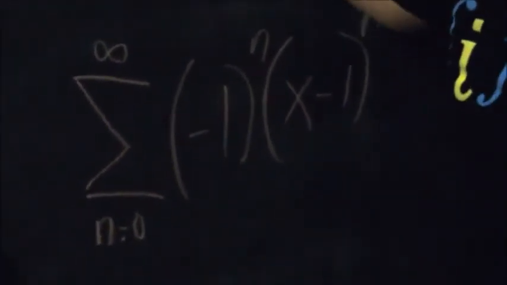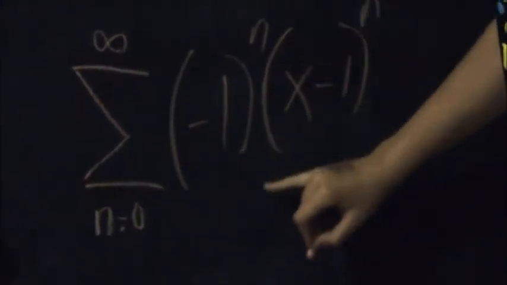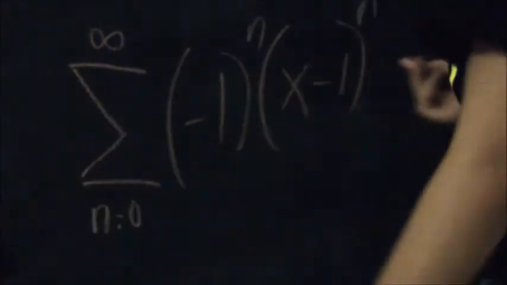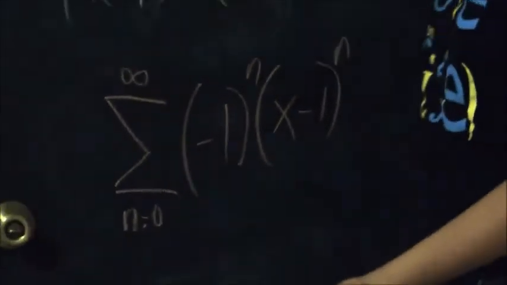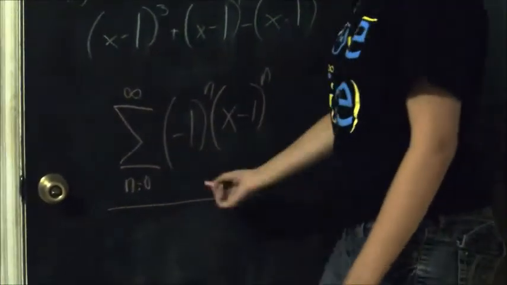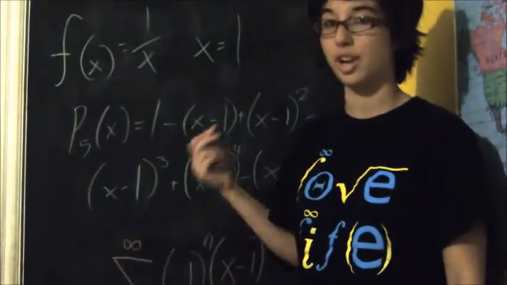That's why it's not on the first term. Then if n equals 1, it's x minus 1 to the first power, x minus 1 to the second power, and so on. So this is your Taylor series for f of x equals 1 over x.